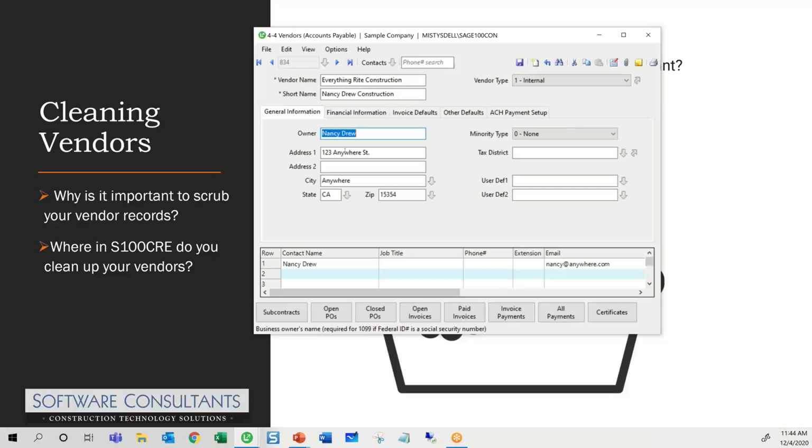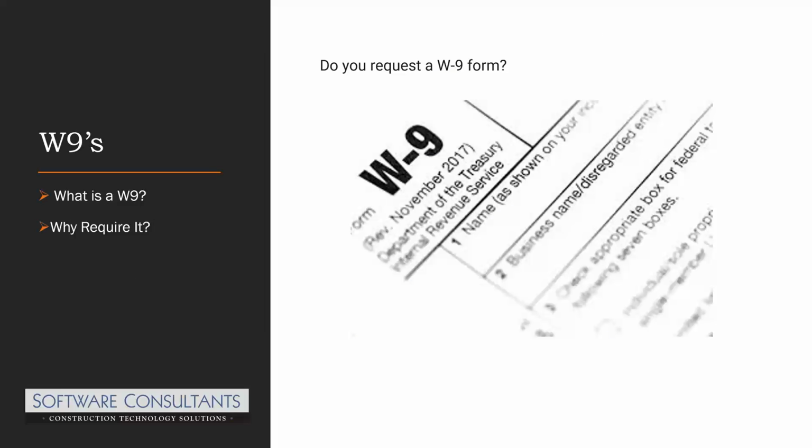So the next thing to talk about is, what is a W-9? I know most of us have probably heard of that, but it's a good idea to cover it anyways. So again, it's a great way to clean up your vendors and have everything you need for each vendor. A W-9, according to the IRS, is a tax form used to confirm a person's name, address, and tax identification number for employment or other income generating purposes.